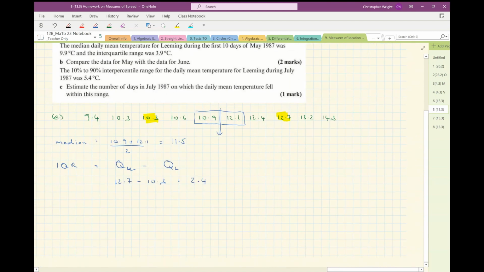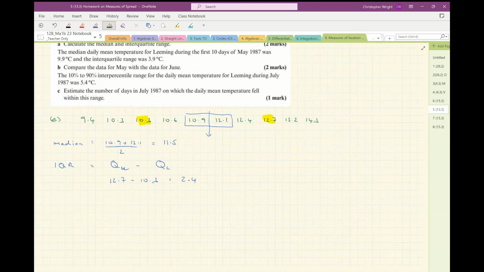Okay, part B. Now this is June, so let's just make it really clear that that's June, because part B relates to a different month. Part B tells me the median daily temperature for Leeming during the first 10 days of May.